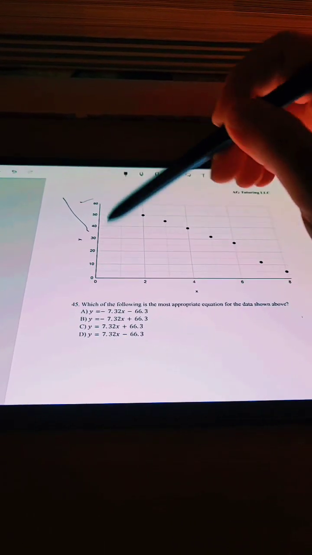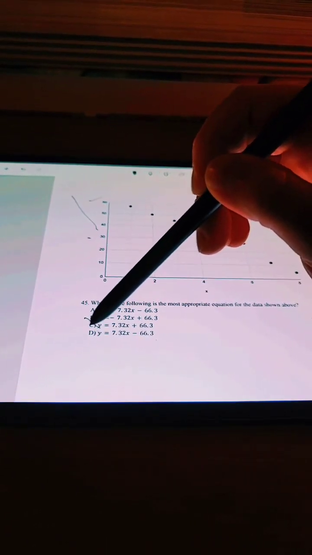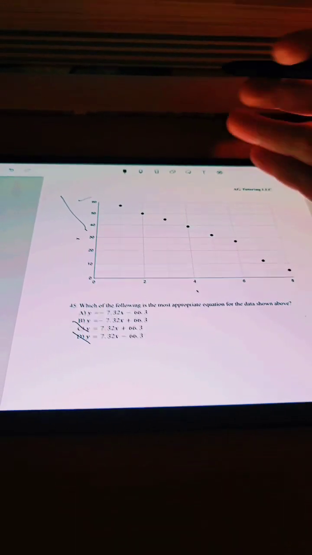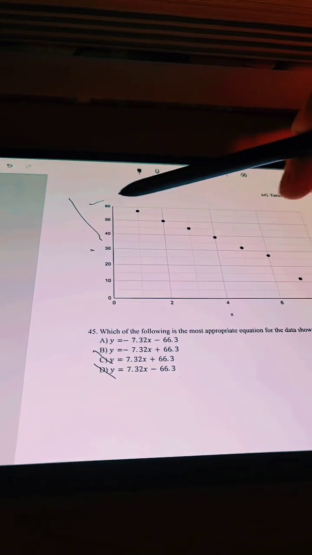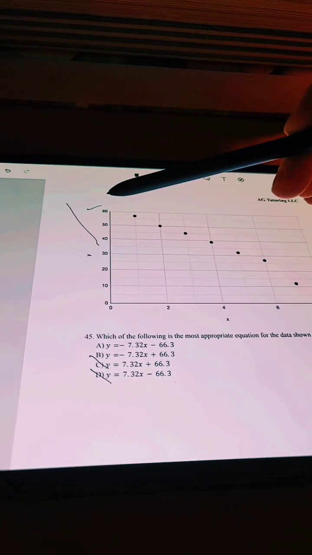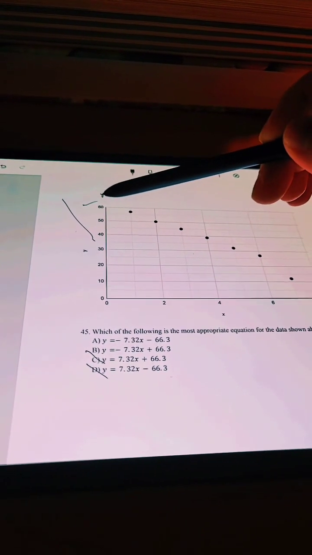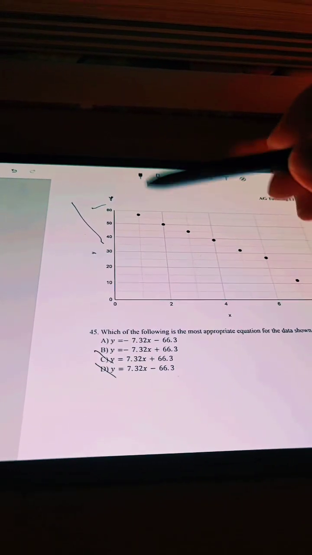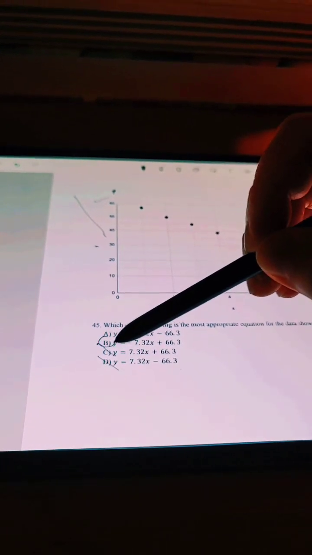So I know the slope has to be negative. So I can cross out C and D. Then I just have to determine what could potentially be the y-intercept. Well, it's not touching the y-axis yet, but it looks like it might touch it somewhere above 60 over here. So positive 60 something maybe. So that would be B.